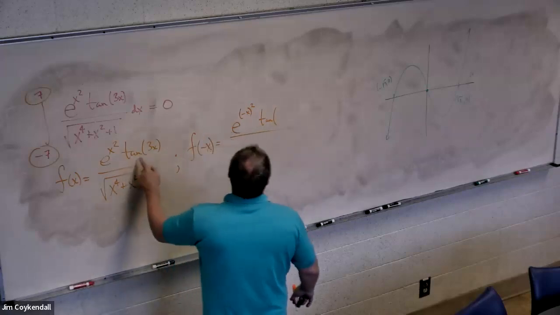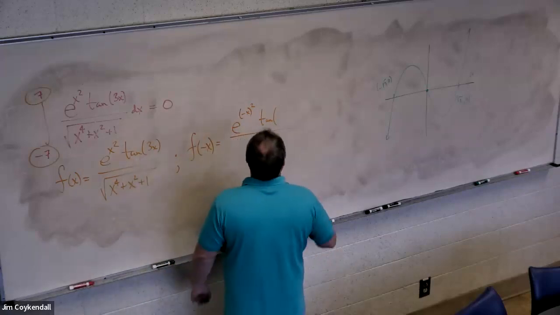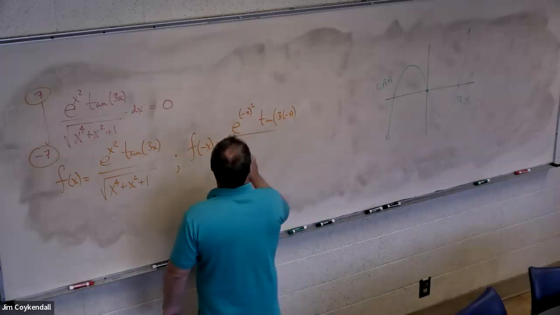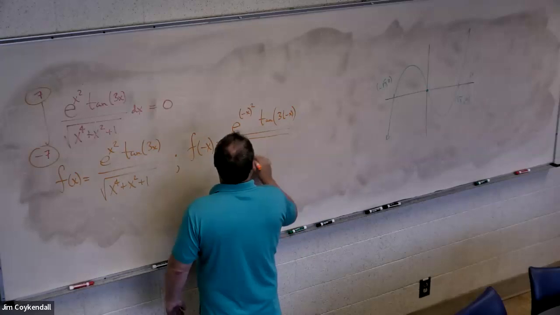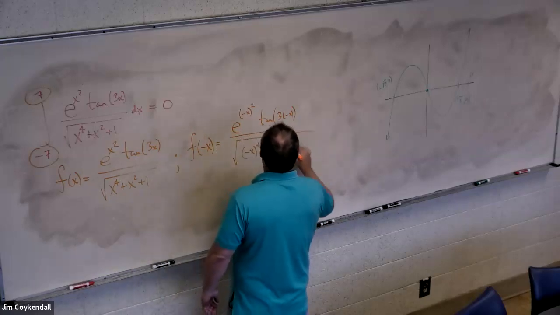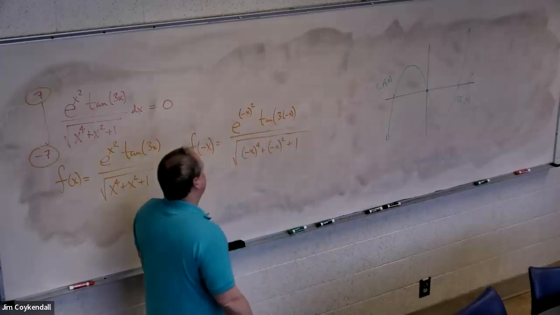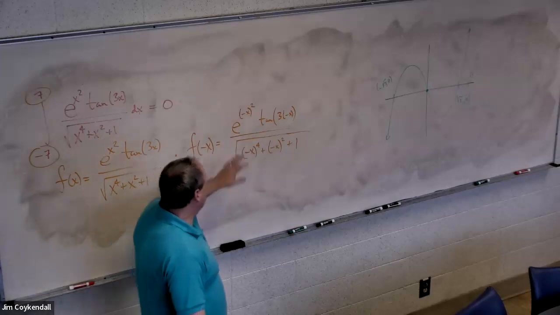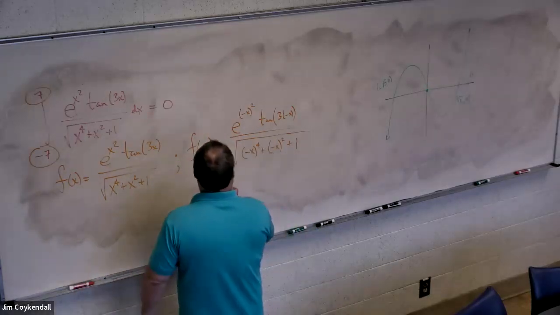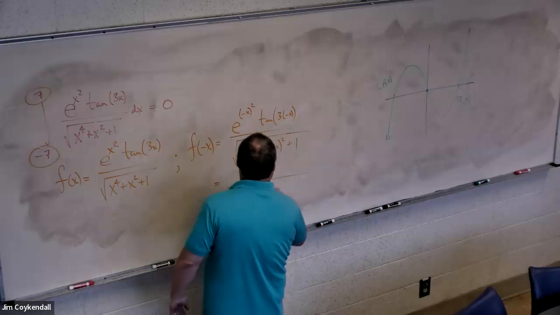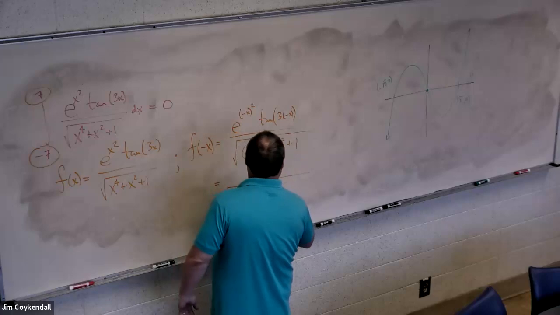Over the square root of minus x to the fourth plus minus x squared. Right? Now, notice a lot of this. Minus x to the fourth power is x to the fourth power. Minus x squared is x squared.